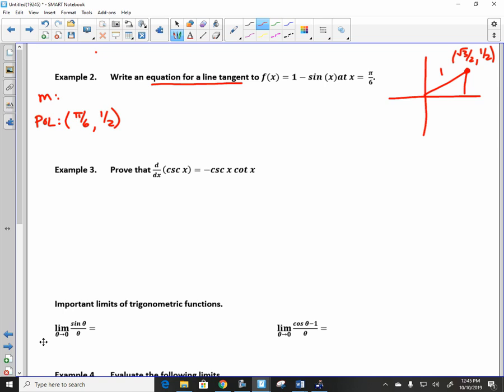Slope. How do I determine slope? The derivative. When in doubt, take the derivative. F prime of x is equal to derivative of 1, 0. Derivative of negative sine of x, negative cosine of x. What do I plug in to find the slope then?